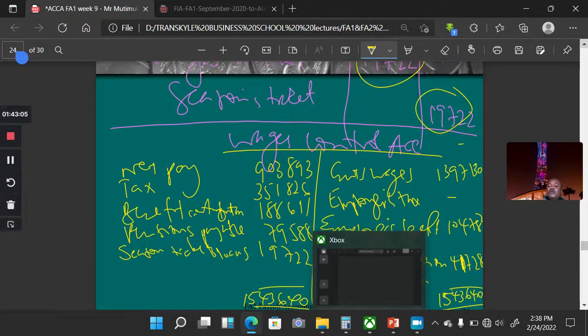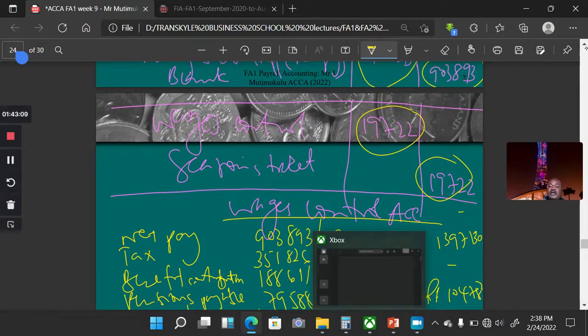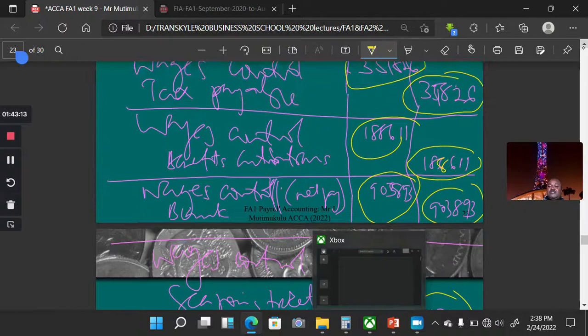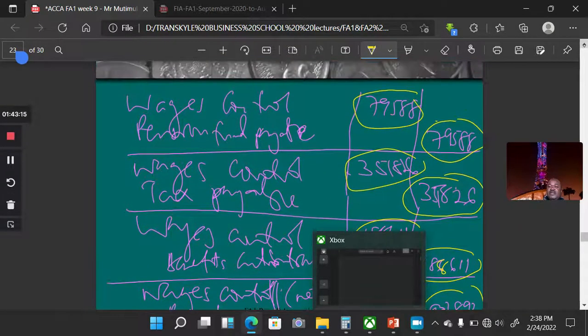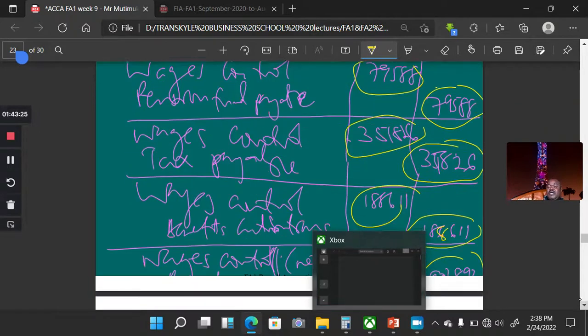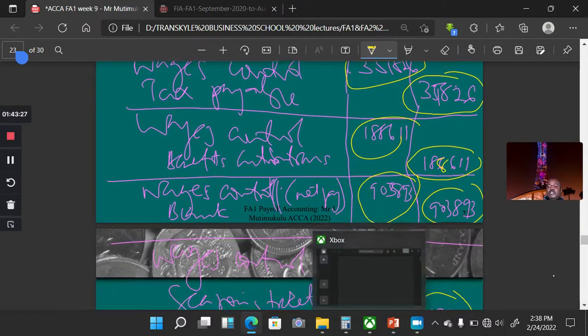If you have a look, you can see that the last part of the double entry was actually in preparation of the wages control account. We were almost doing the wages control account in an opposite way.